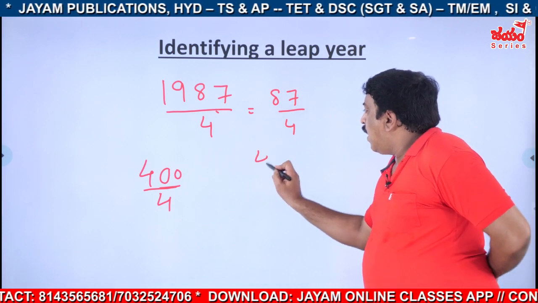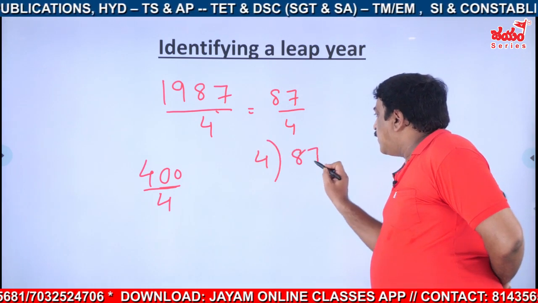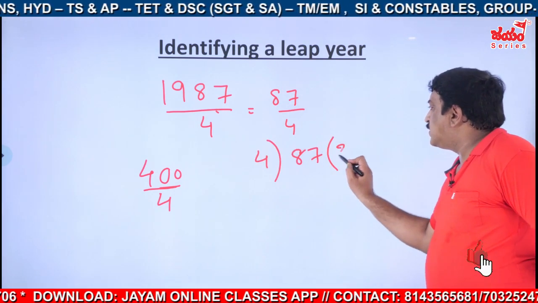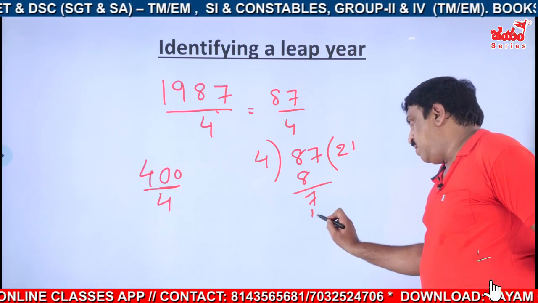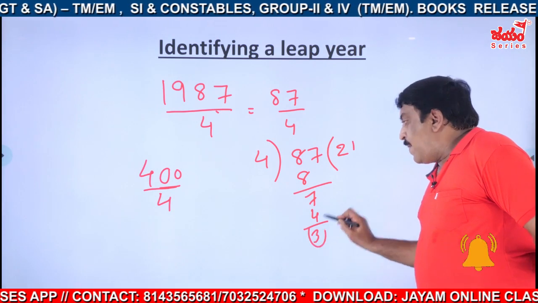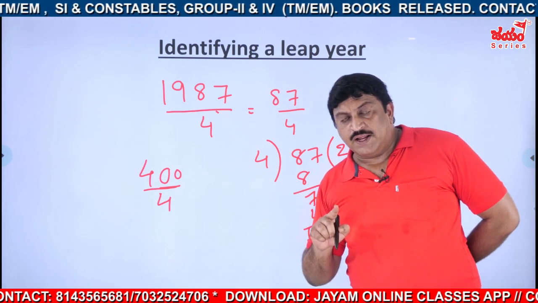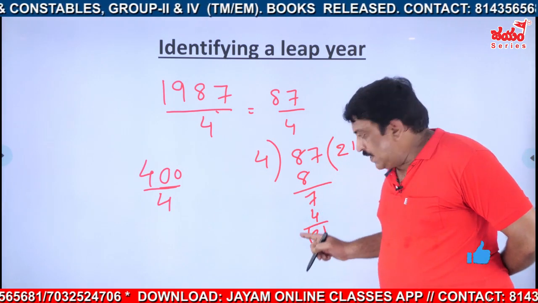487 means, I'll go with a normal division, right? 4 twos, 8, right? 7, 4 ones, 4, that is 3. The remainder should be 0 if it is divisible by 4, but it is 3.